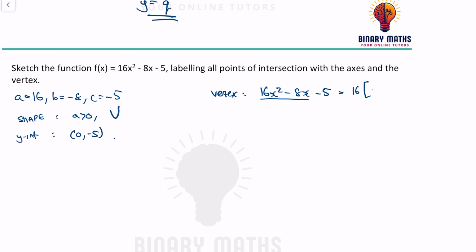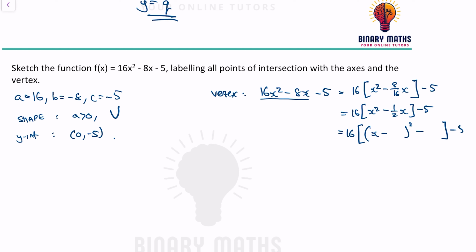16 times x squared minus 8 over 16 x, take away 5. Because 8 over 16 can be simplified, I'll do 16 times x squared take away a half x, take away 5. Now complete the square: minus a half, when you halve it, you get minus a quarter.